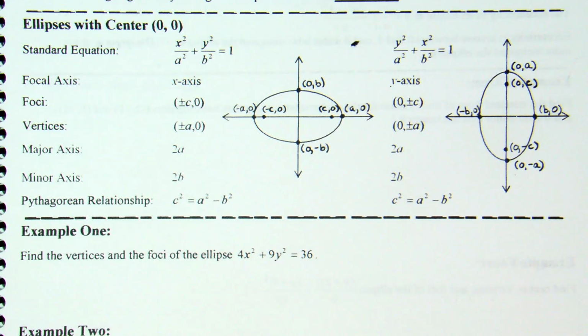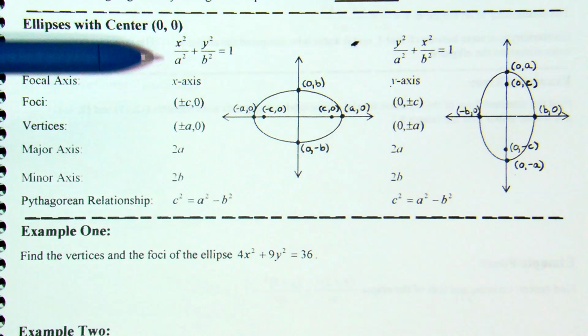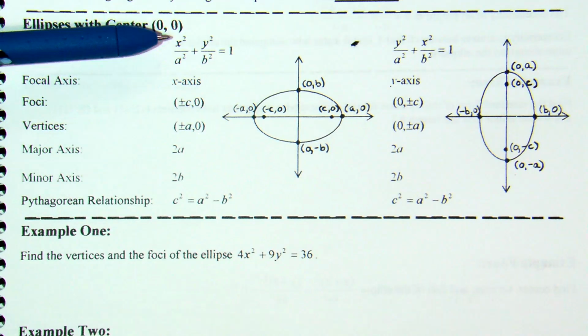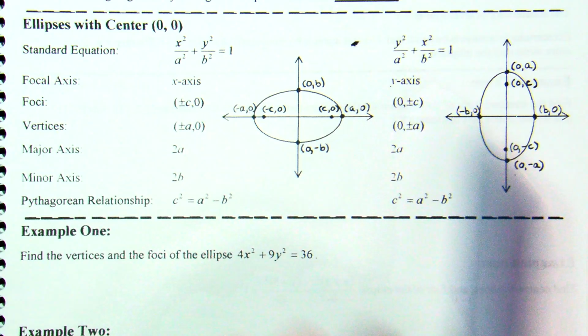The big difference is the variable. In this first ellipse, the major axis is horizontal, which means the major axis is the x-axis, so x squared is over a squared. Over here, my major axis is the y-axis, and so y squared is over a squared.